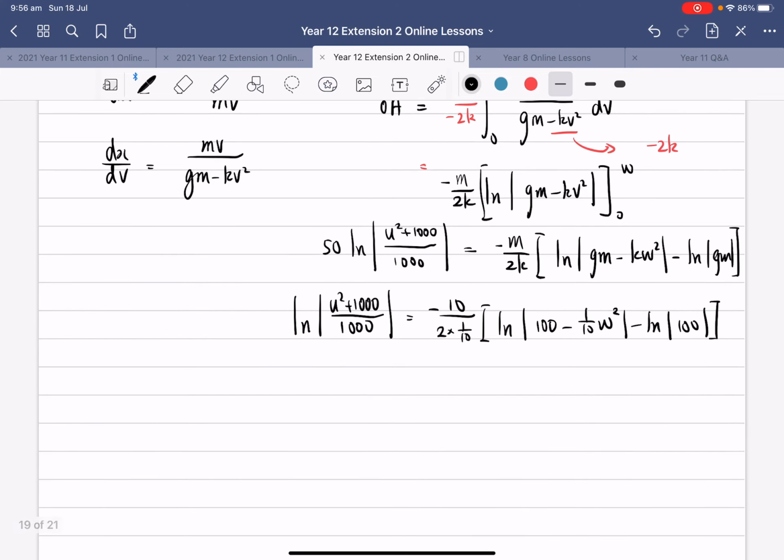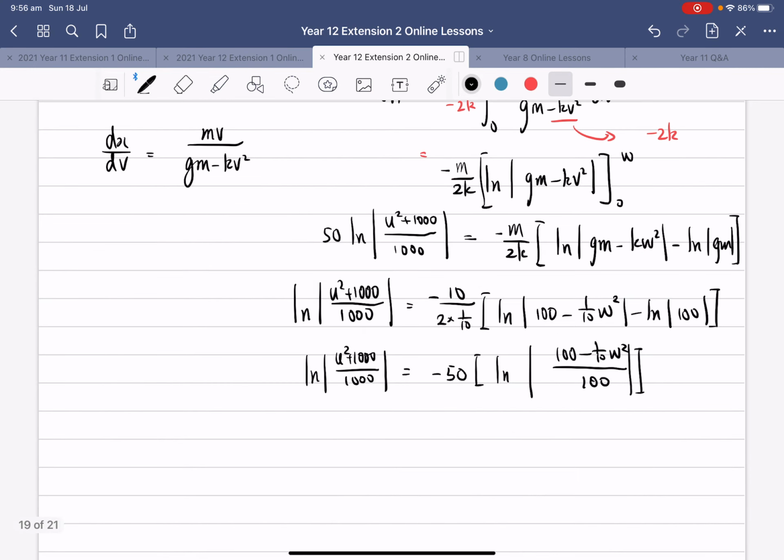So that becomes negative 50 ln of 100 minus 1 over 10 w squared, over 100. Did I miss anything? Yes, I missed the 50 here.